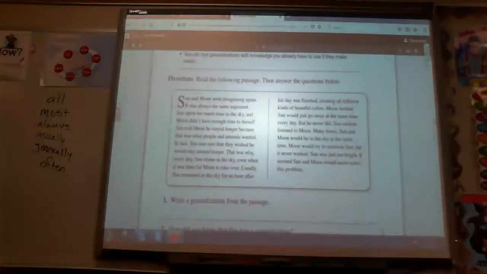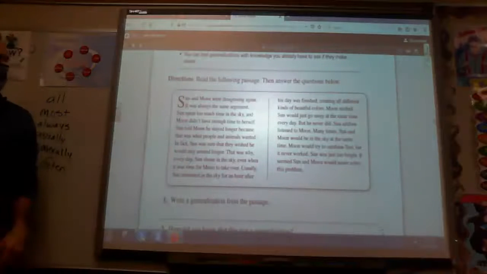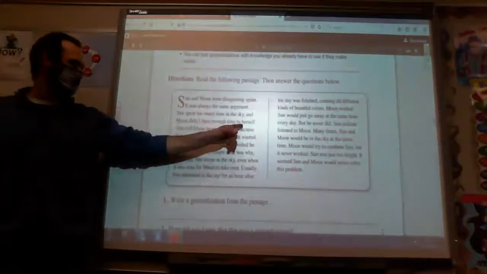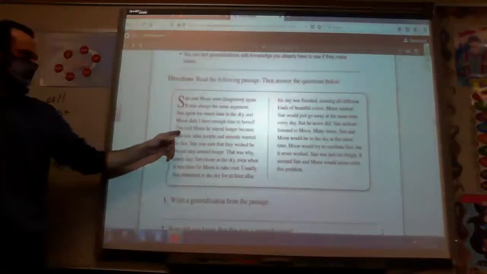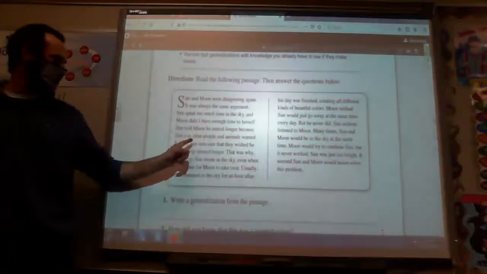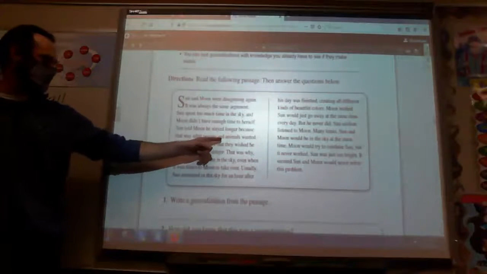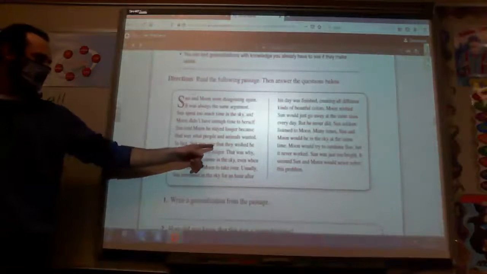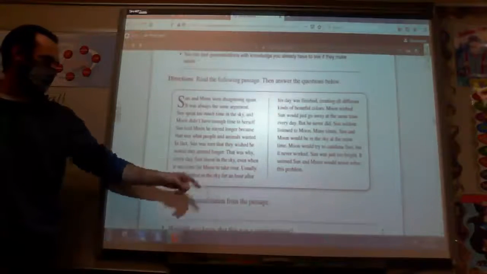Here we go. Sun and moon were disagreeing again. It was always the same argument. Sun spent too much time in the sky, and moon didn't have enough time to herself. Sun told moon he stayed longer because that was what people and animals wanted. In fact, Sun was sure that they wished he would stay around longer.